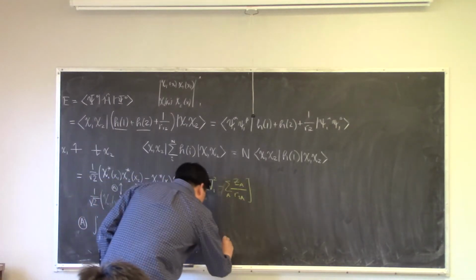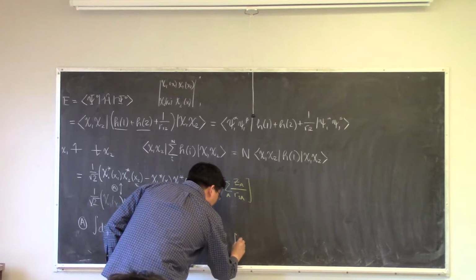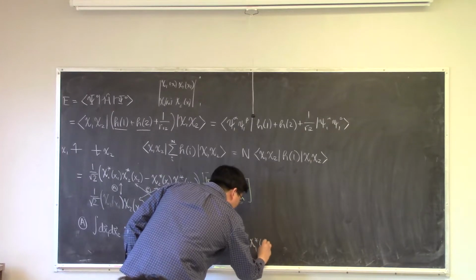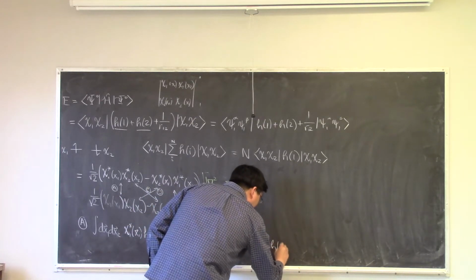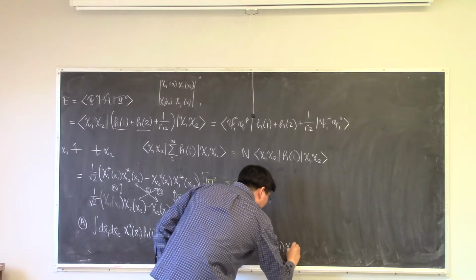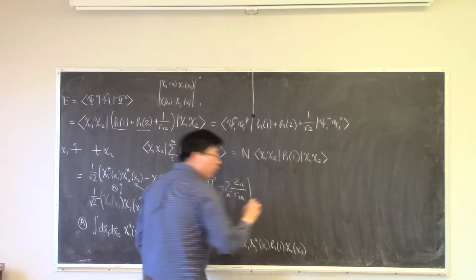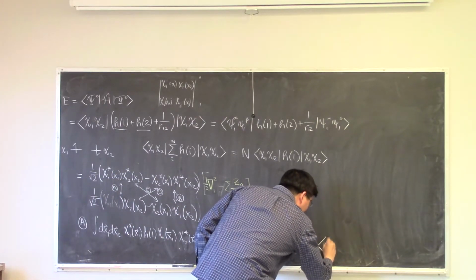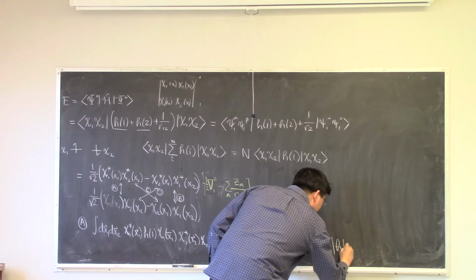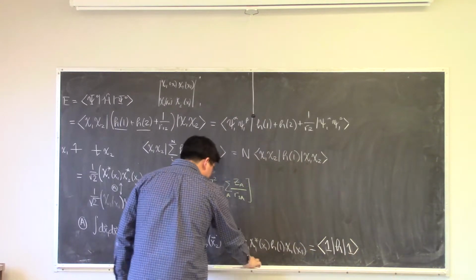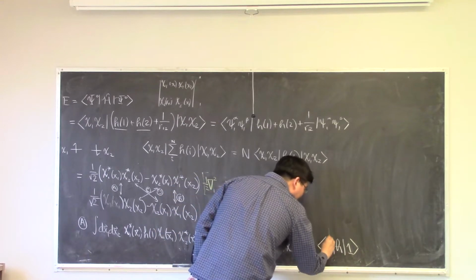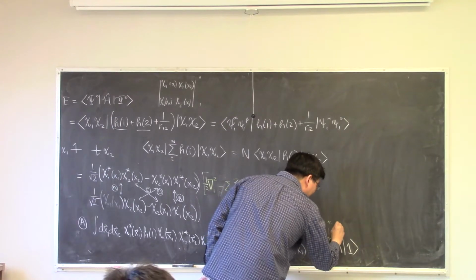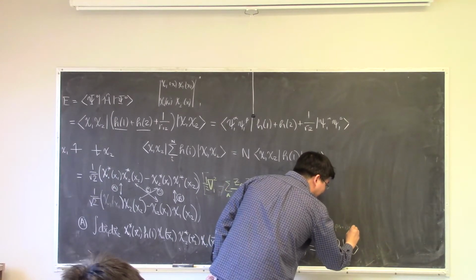So now this just becomes an integral over the first electron, chi1 star of x1, h1, chi1 of x1. Now I'm going to introduce this notation here, where this one corresponds to the spin orbital index.